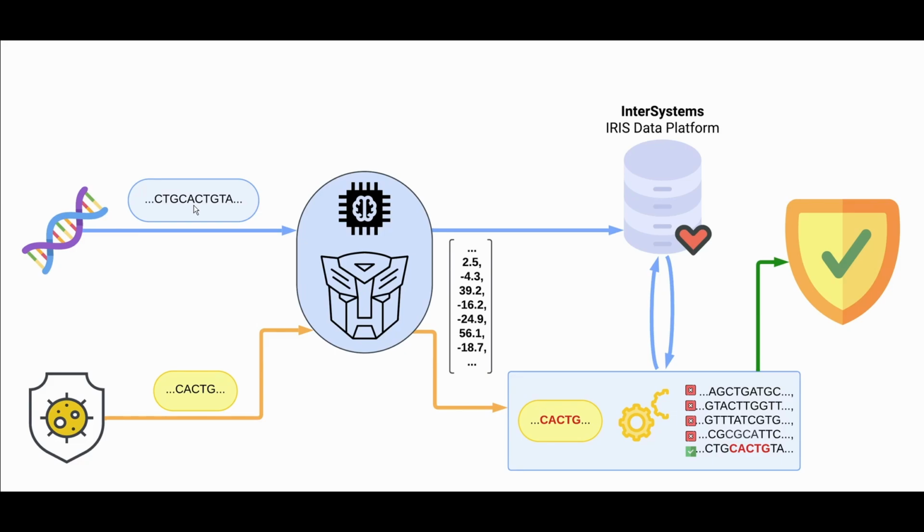How we did this was we took the DNA sequence from the machine and we fed it into our transformer model. The transformer model then outputted a vector representation of the DNA sequence. We then took this vector representation and stored it inside our IRIS database. Then we did the same thing for the genes that we wanted to check.